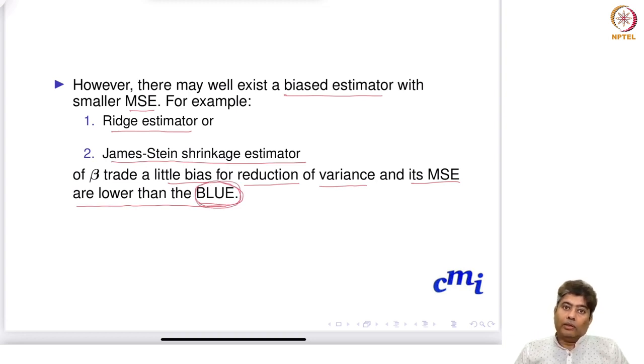So sometimes you can come up with a slightly biased estimator which has a lower mean square error than the Gauss-Markov estimator. However, among the class of all unbiased estimators, the Gauss-Markov estimator is the best.